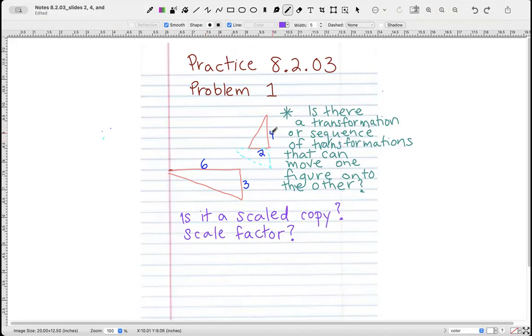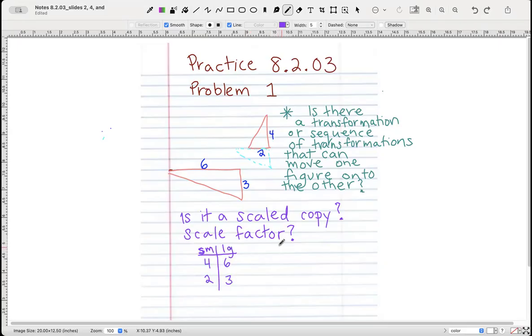Okay, so we know that 4 and 6 are the corresponding sides. So I'm going to put 4. So this is the small triangle, and this is the large triangle. Small, okay, so the small one has 4. The big one is 6. And the small one for that corresponding side is 2 and 3.